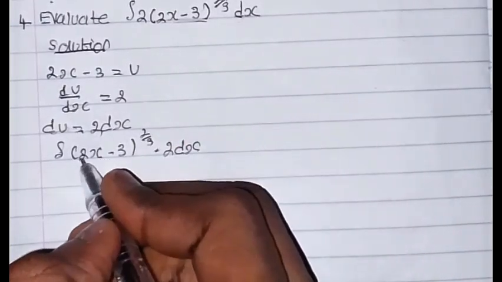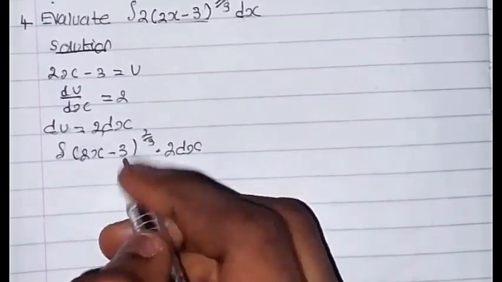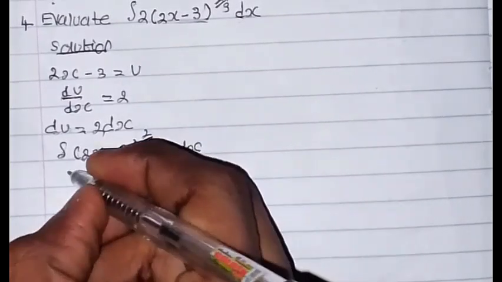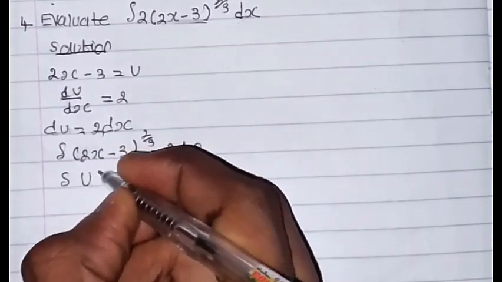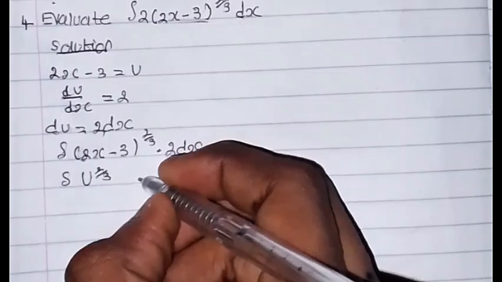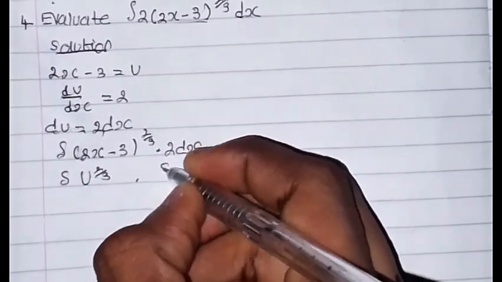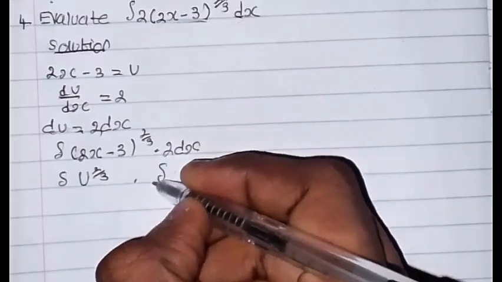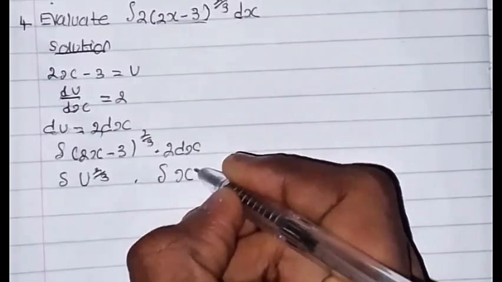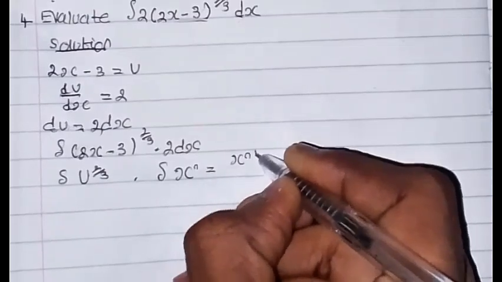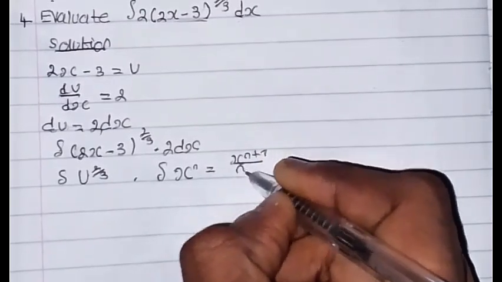Now, first off, let's focus on this 2x minus 3 to the power of 2 over 3. Remember, we said 2x minus 3 is represented as u, so this is u to the power of 2 over 3. Now, the general formula is that whenever you have the integral of x to the power of n, this is equal to x to the n plus 1 over n plus 1.